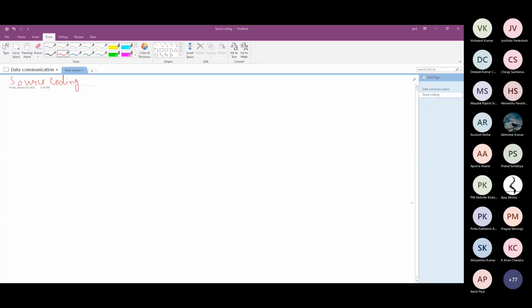In analog communication, of course, we have analog signals, like say voltage, current, or any other signal. In case of mechanical, like pressure could be a signal.